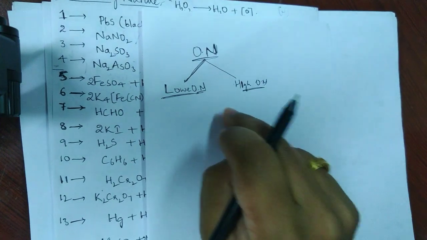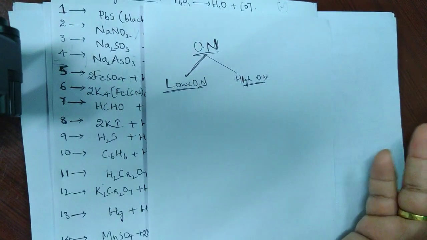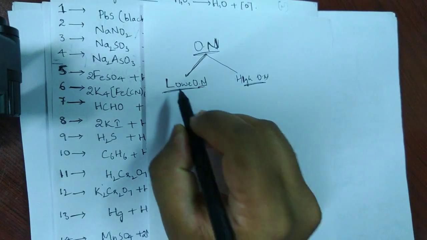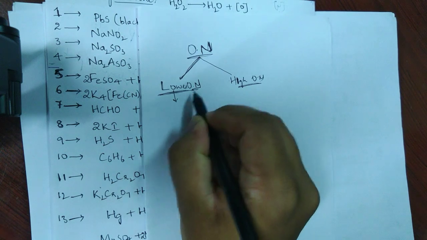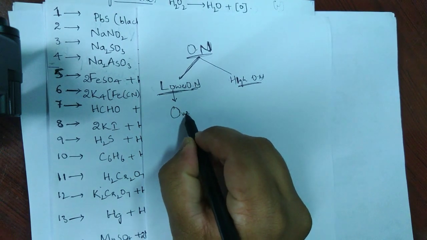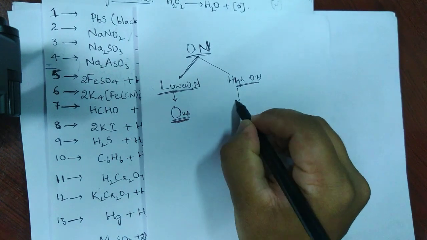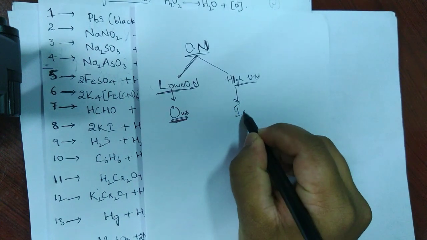In detail I have a separate video for 12th, and when you come to 12th I'll explain it, but as of now the information I want you to understand is this: lower oxidation states are generally mentioned as OUS form, and higher is IC form.